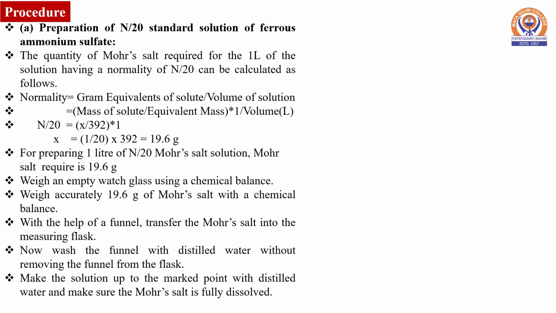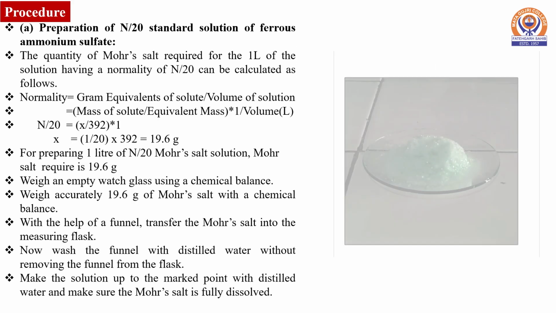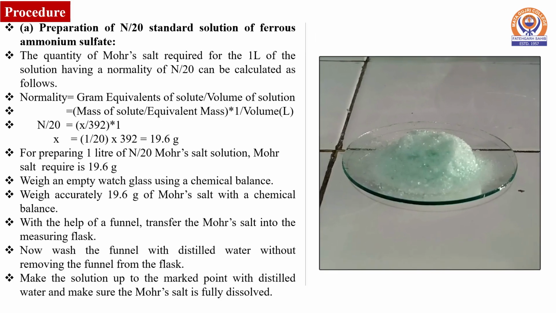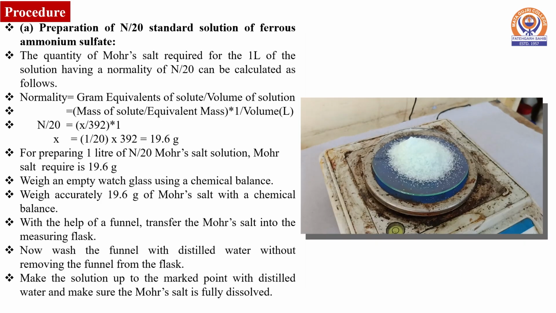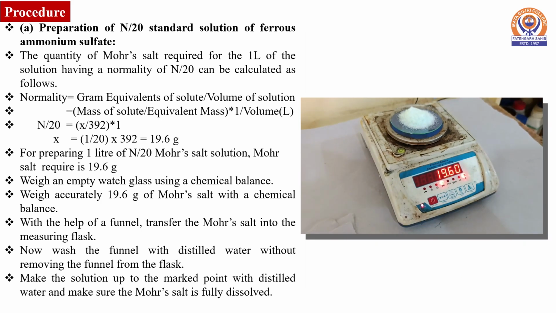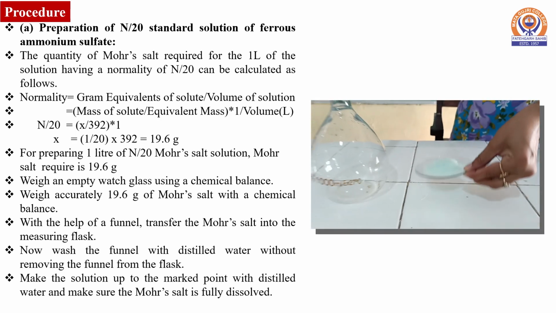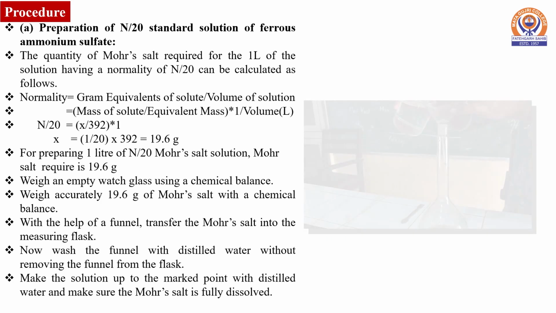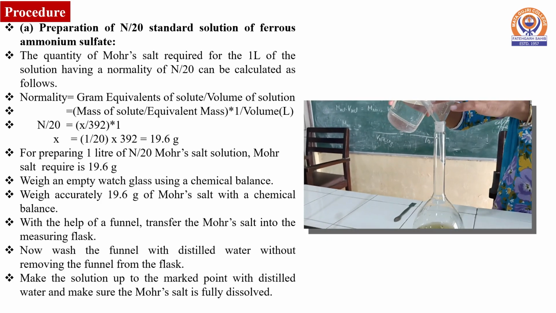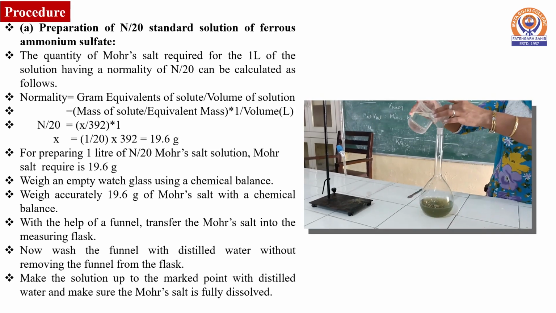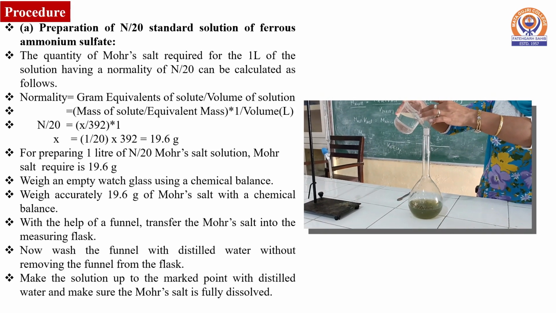Now the procedure. First of all, we will be preparing N by 20 standard solution of Mohr salt by weighing accurately 19.6 grams of it on a weighing scale. Dissolve the weighed Mohr salt in distilled water and transfer the contents into a measuring flask of 1 liter capacity with the help of a funnel.